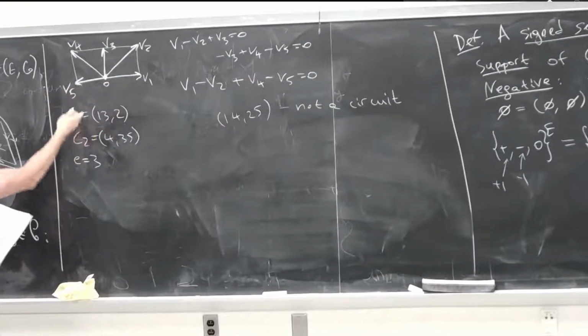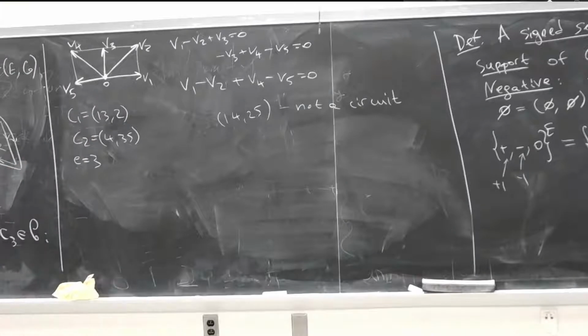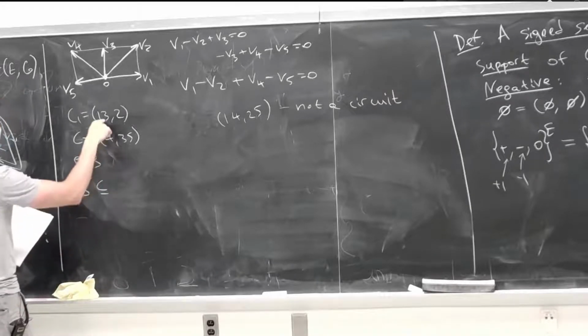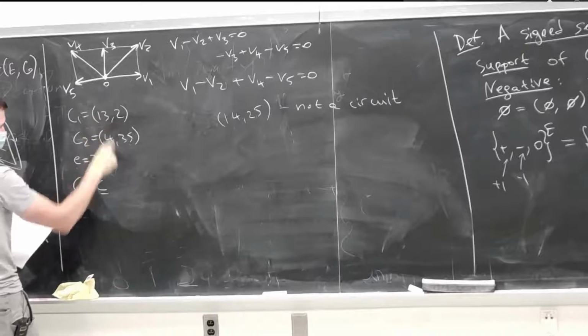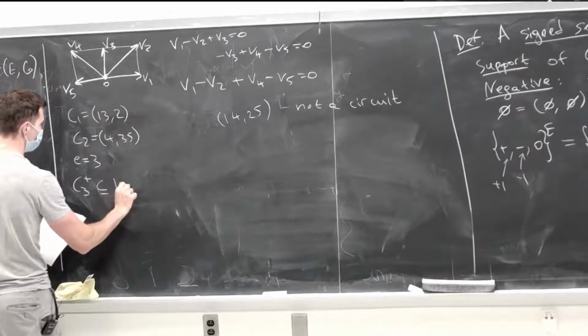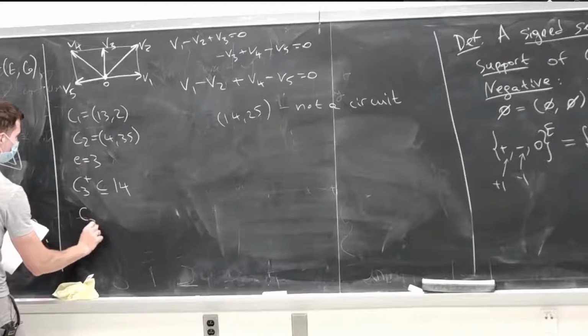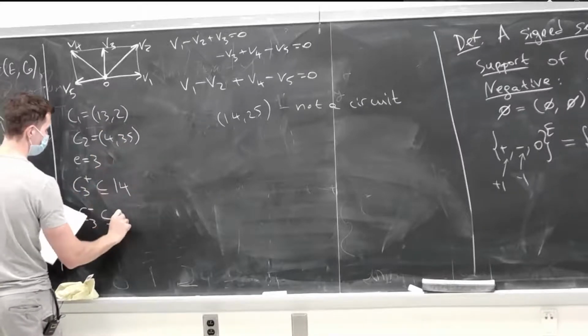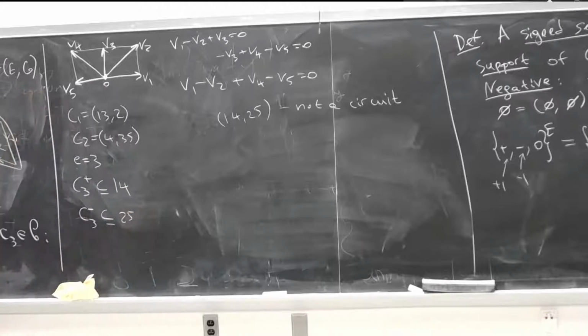And if I apply the axiom literally, I need to take the union of C1 plus and C2 plus minus E. C3 plus is a subset of the union of these two without the E, without 3. Subset of 1, 4. E3 minus is a subset of 2, 3, 5 without 3. It's 2, 5. So does there exist a circuit? V5 is negative V1.